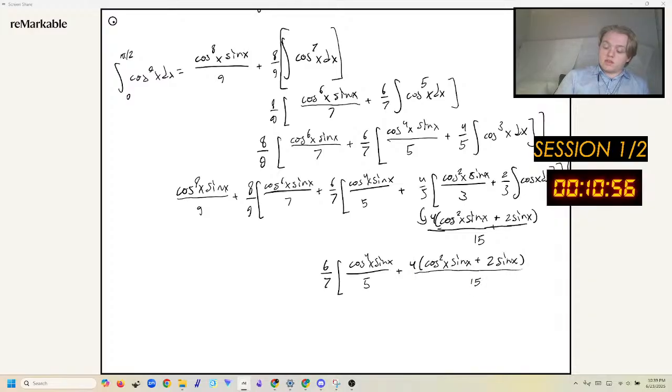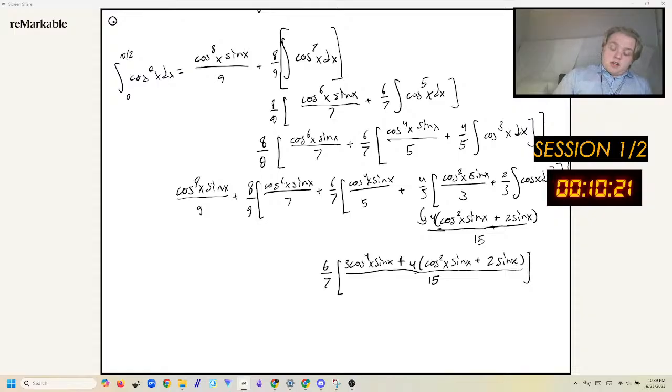Really quickly, we're just going to do a change of base on this one. If we multiply the numerator and denominator by 3, we can add these two terms. So you're going to say 3 cosine to the 4th x sine x over 15 plus this, which means we can write our plus sign up here and put this all together over 15.